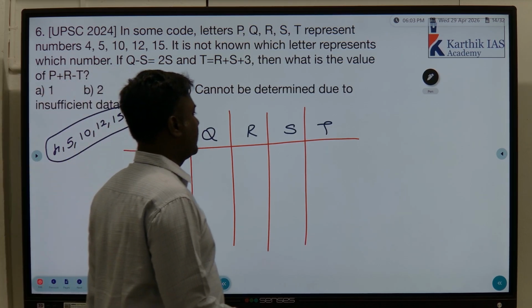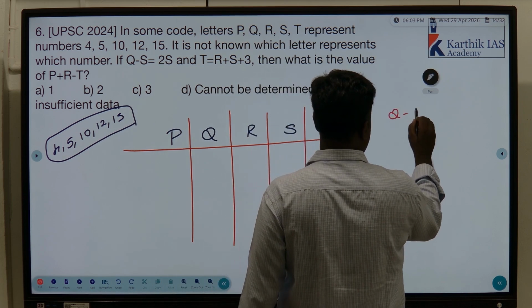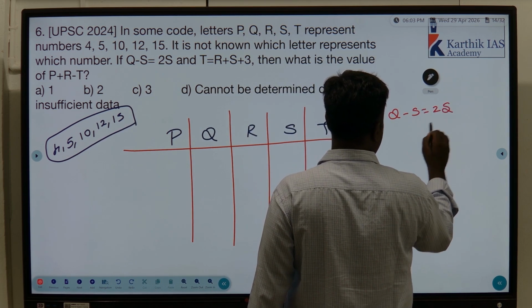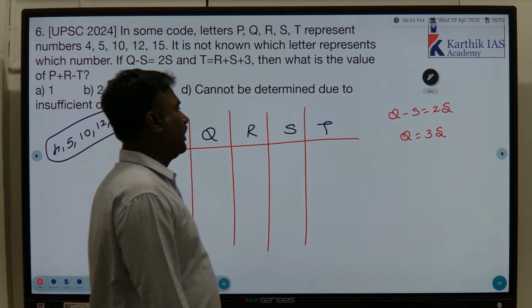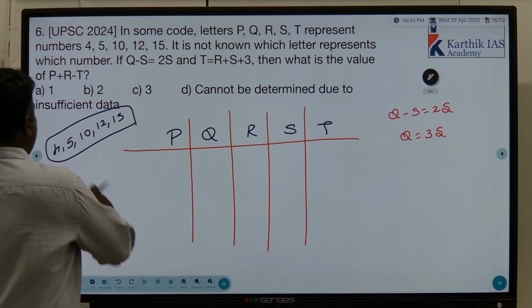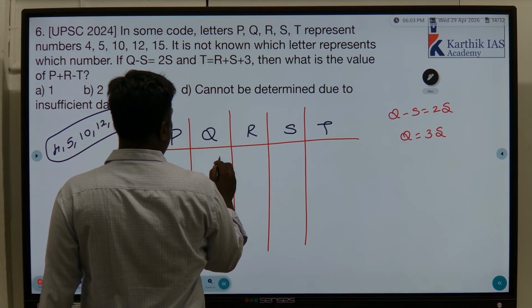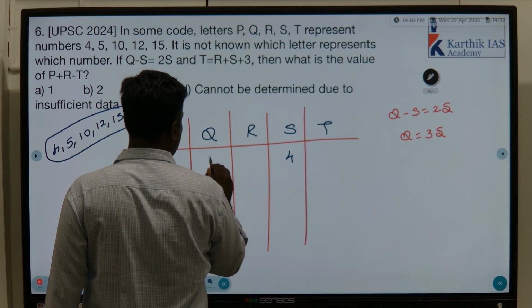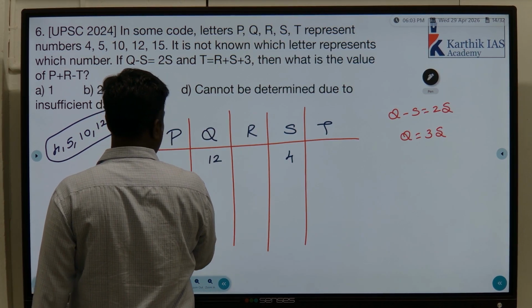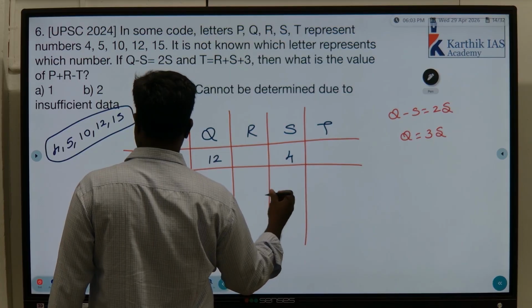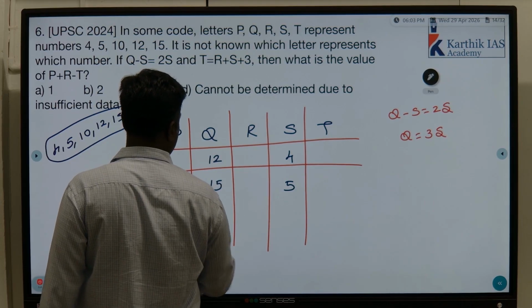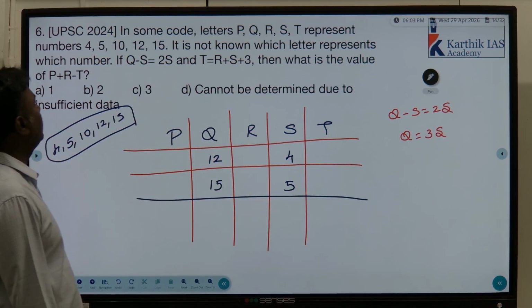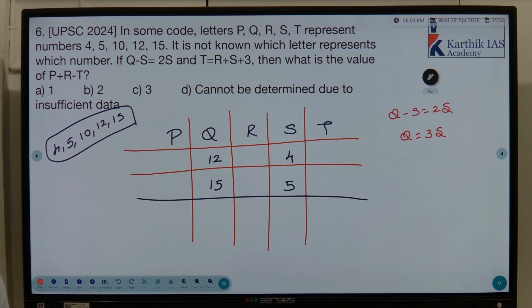Q minus S is equal to 2S. Then what is Q? Obviously 3S, right? Q is 3 times S, so 4 means it is 12, that is one possibility. 5 means it is 15, that is another possibility.